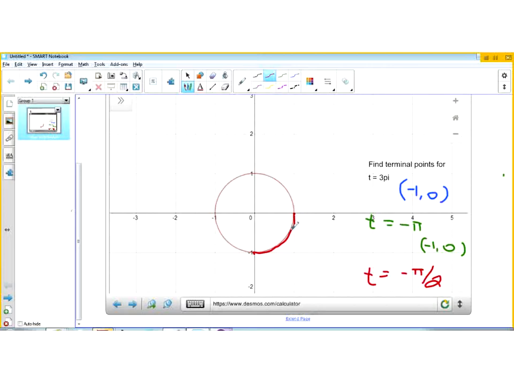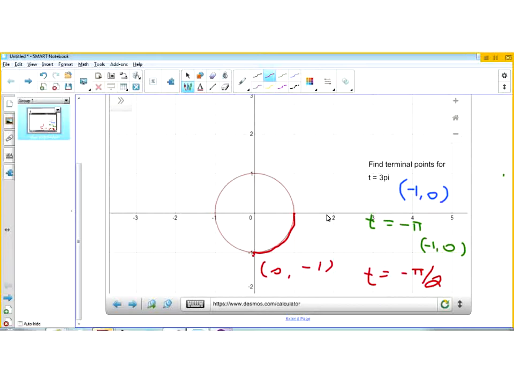For t equals negative pi, we go clockwise pi radians, not negative pi radians. So for t equals negative pi halves, we go clockwise pi halves radians, and then we stop at the point 0, negative 1. That would be the terminal point for t equals negative pi halves. All right, so those weren't so bad.